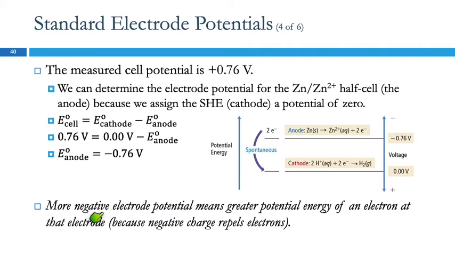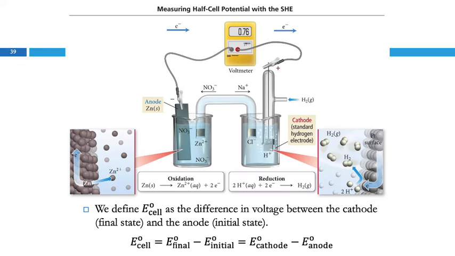This more negative electrode potential means there's a greater potential energy for electrons at that electrode because negative charge repels electrons. So when we're looking at this, you can think of this as being negative 0.76, the anode has a negative charge. And the greater that charge is, the more repelled the electrons are, and the more they're going to flow in the other direction.